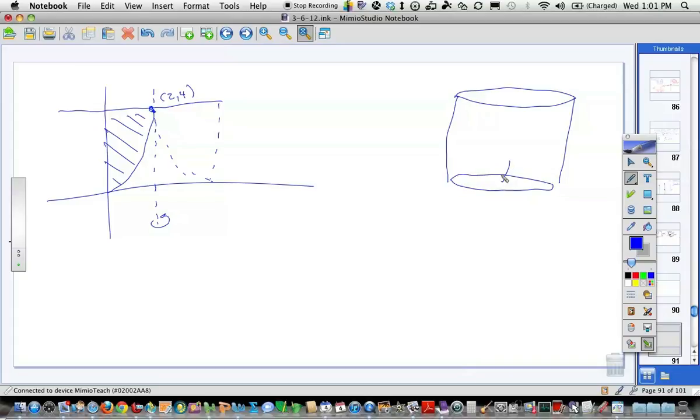And forget that little piece there. Right? And that's going to be empty in there. Now, but again, like we said yesterday, we're not trying to find the volume of that empty space. We're trying to find the volume of the solid part, the shaded part, right?